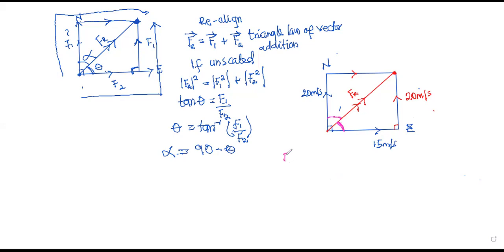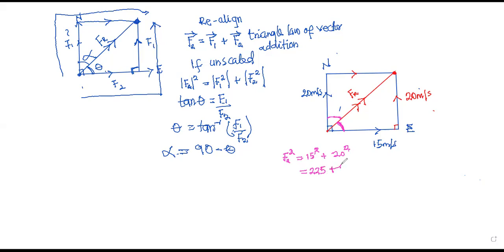So F resultant squared is equal to 15 squared plus 20 squared. And what is 15 squared? 225.